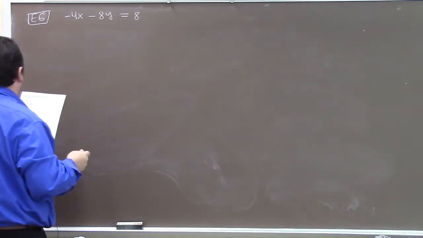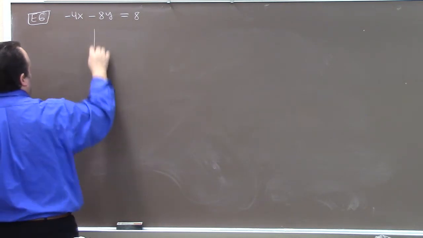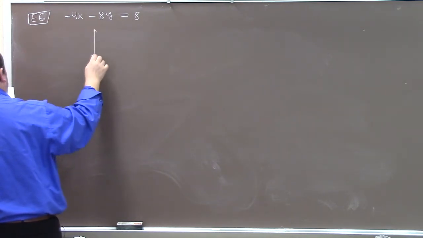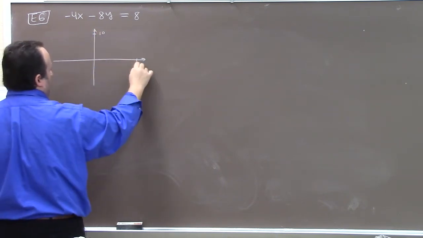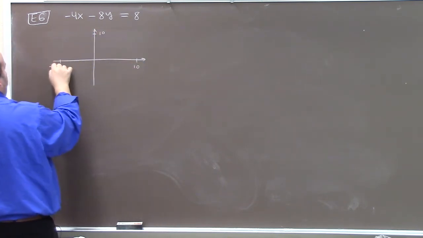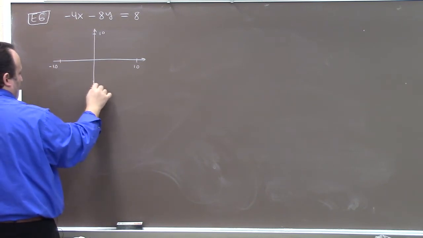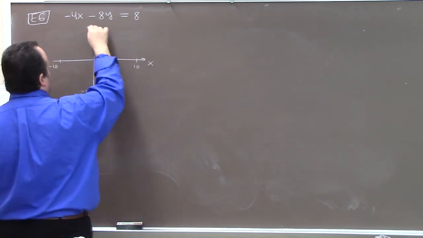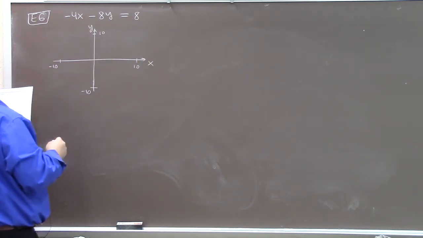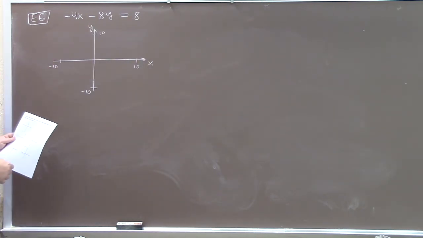And we have been provided a 10 by 10 graph window to plot our results. And so we're supposed to graph the line and then pick from A, B, C, D which one it is, all right?